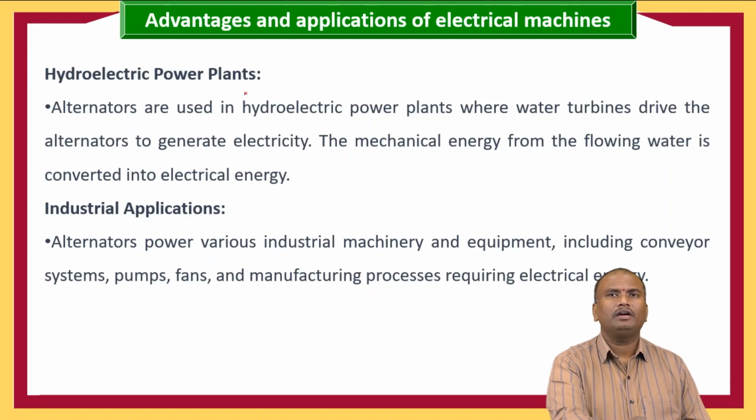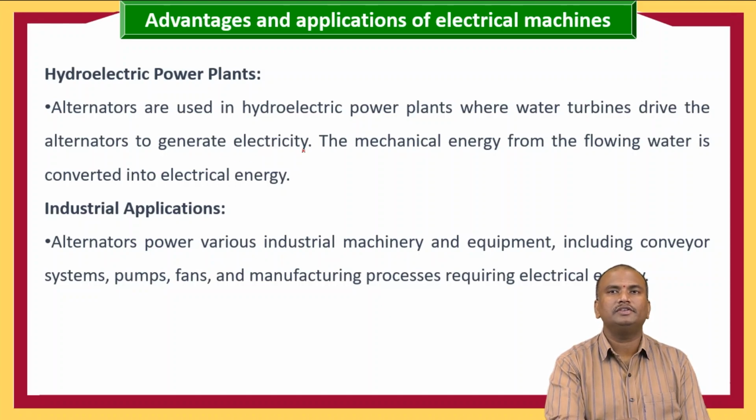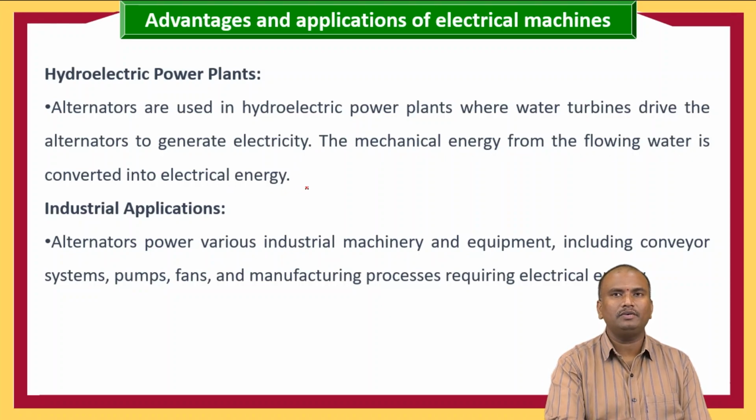And as we have already discussed, alternators are used in hydroelectric power plants and thermal plants, where water turbines drive the alternators in order to generate electricity. The mechanical energy from the flowing water is converted into electrical energy.